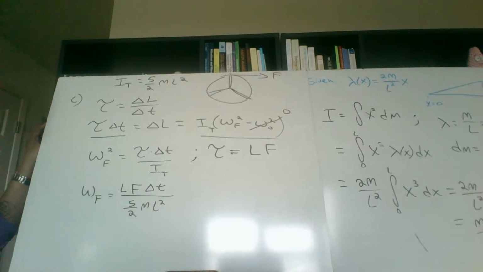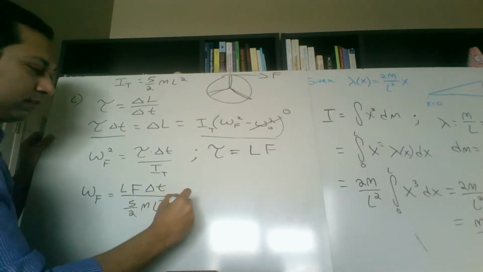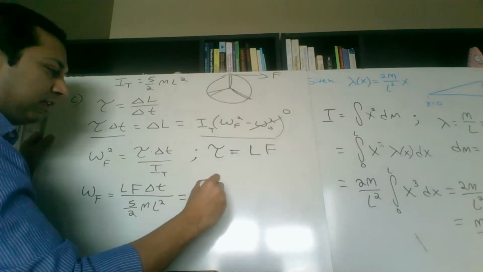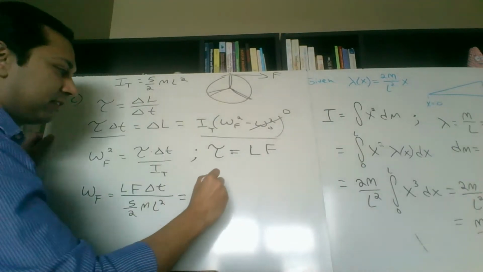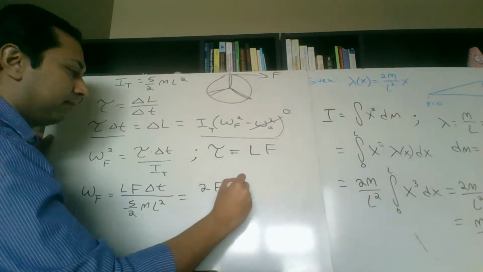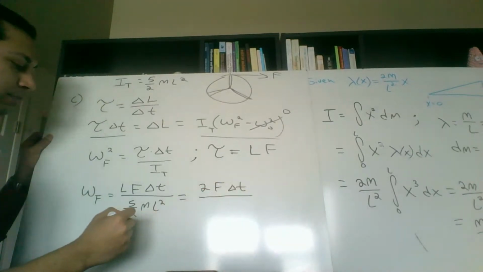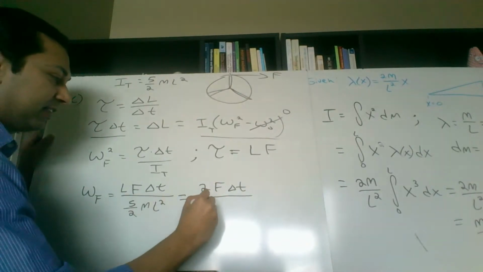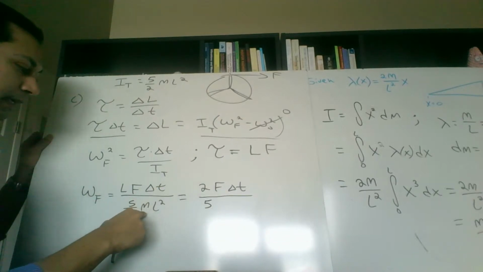One of the L's will cancel out in the bottom, and you end up with 2 F delta T, all divided by the 5, stays there, ml.